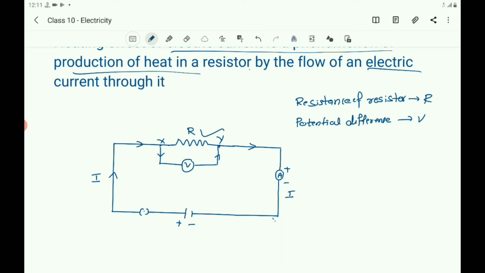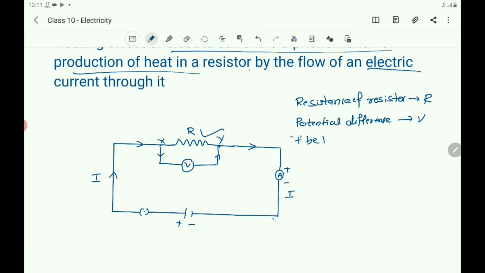Here that is nothing but the amount of current flowing through it. So here we have taken, let Q be the amount of charge flowing through it and T the time taken.